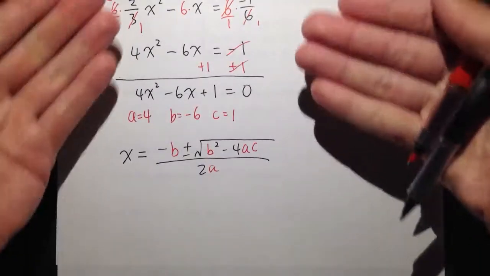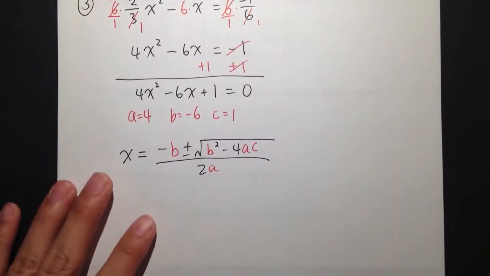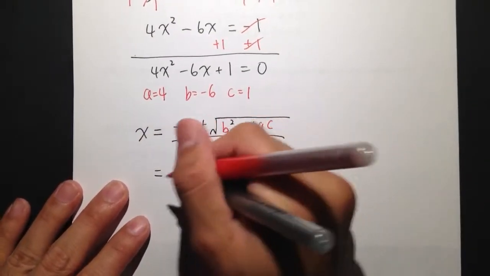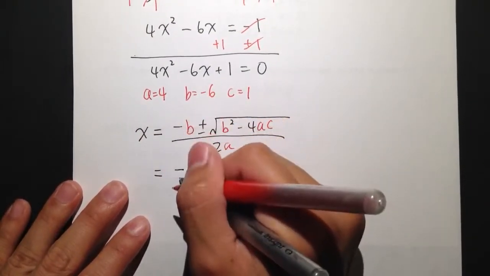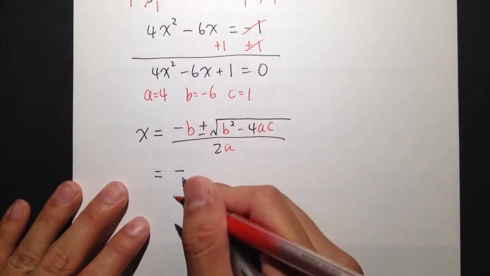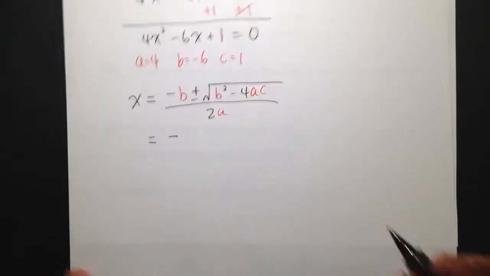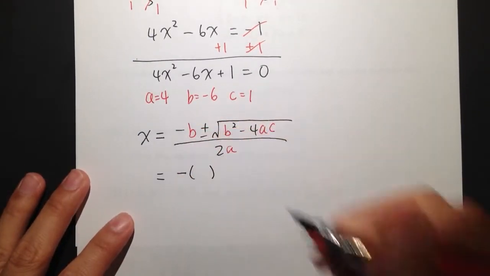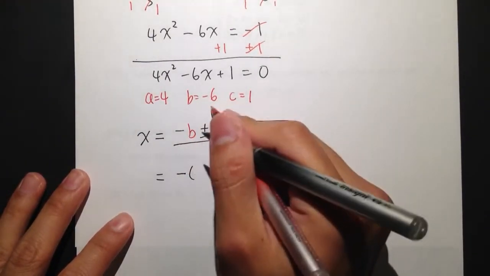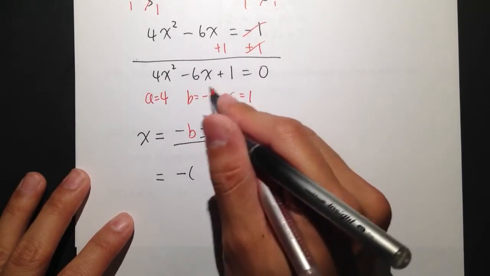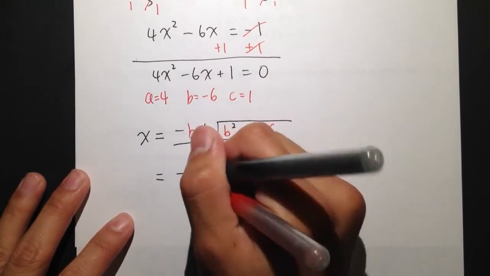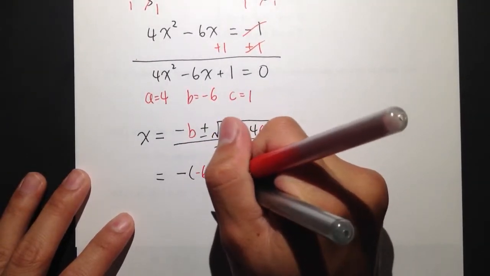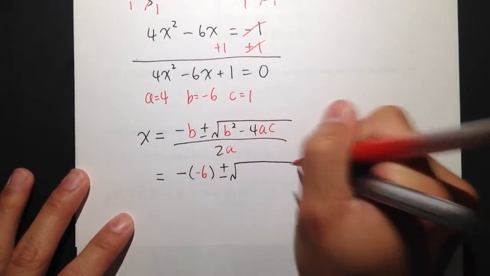But here's how you work this out. So this is the formula. Negative b. So I bring down the negative from the formula. But I see a b, so I'm going to open the parentheses. The b is the number negative 6, so I'm going to put this negative 6 into that parentheses. And then just continue with the plus or minus and then the square root.